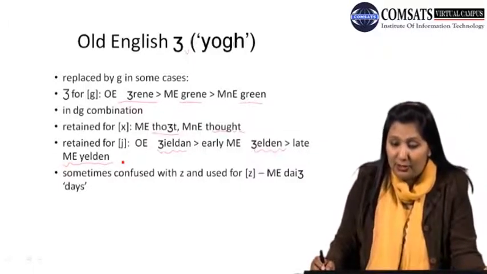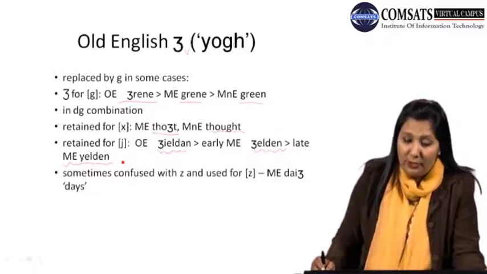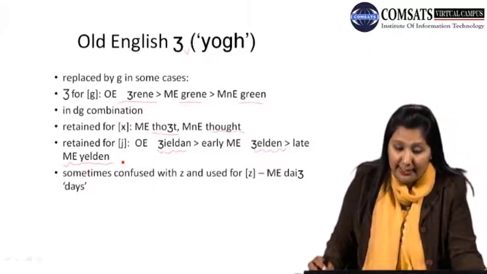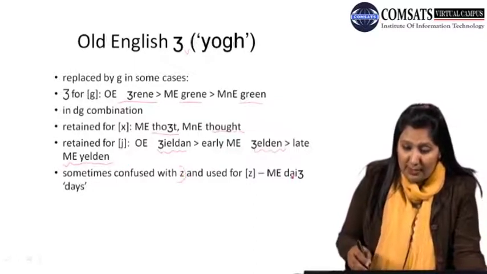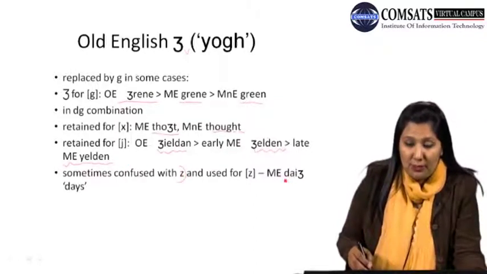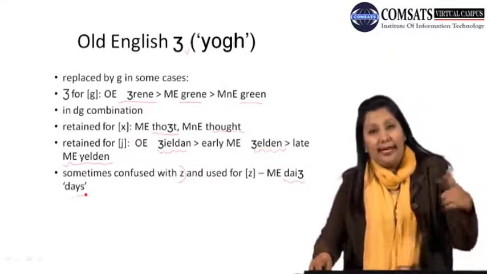Sometimes it is confused with the z and used for z. In Middle English days, yes, sometimes we get confused with the z sound and it converts into days. It's as.